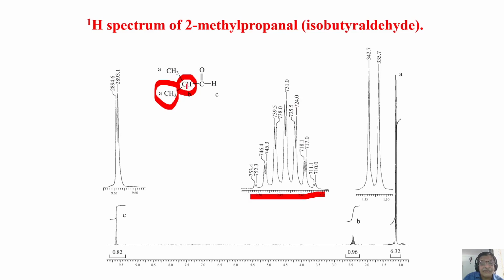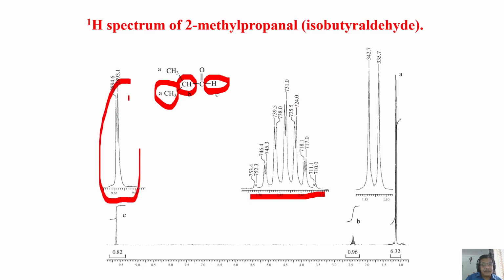Plus this CH proton is also coupled to this CHO proton. There is a coupling between them, because I can see this one. If there were an expanded region of this one, somewhere... I'm not seeing something here.